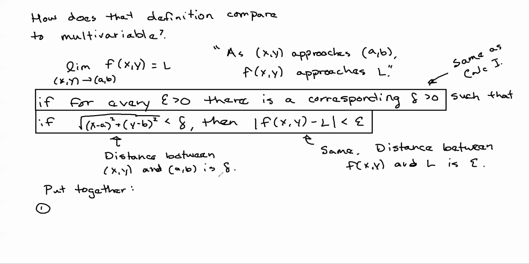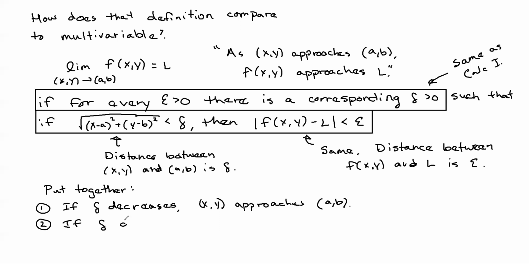It forces (x,y) to approach (a,b). Then 2, if delta decreases, then so does epsilon.